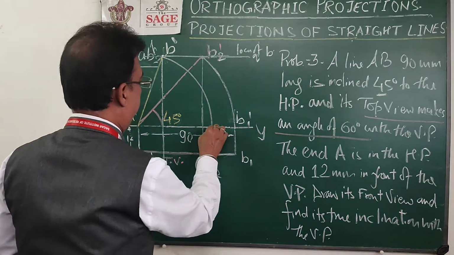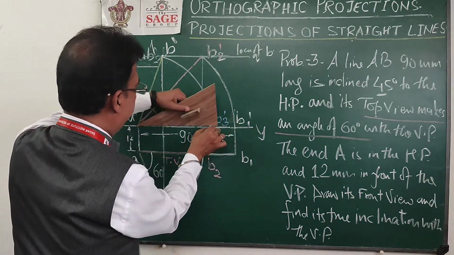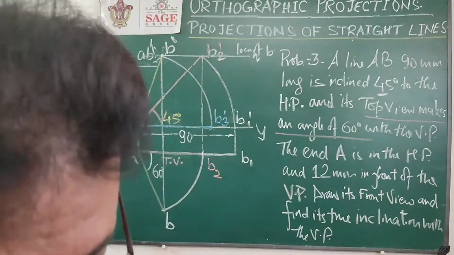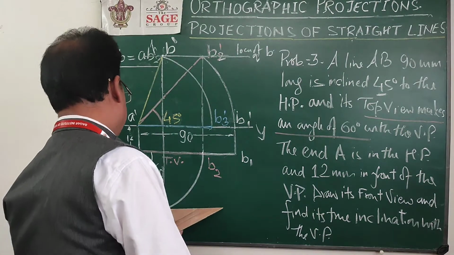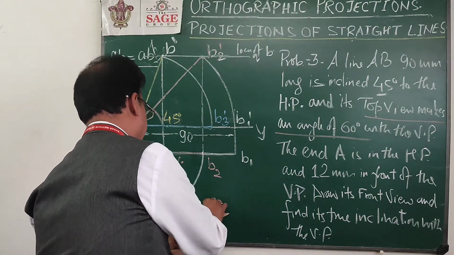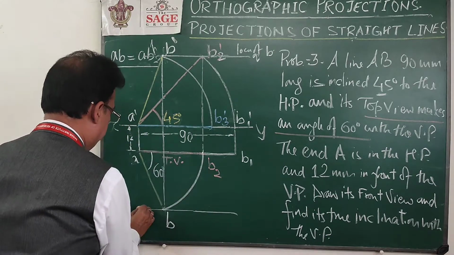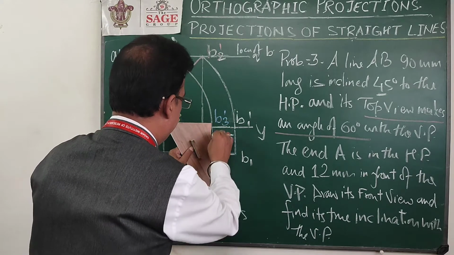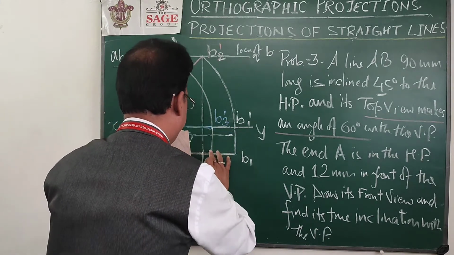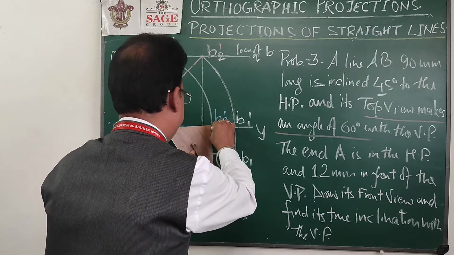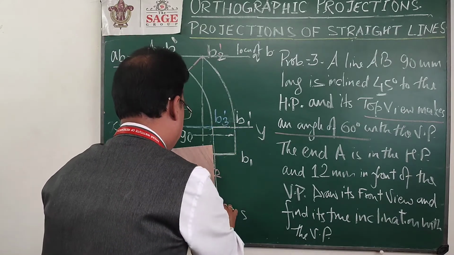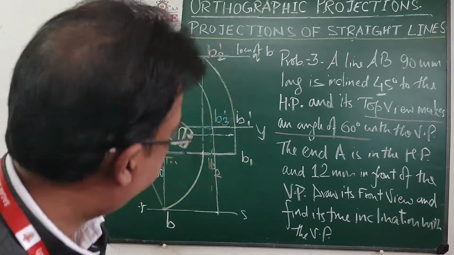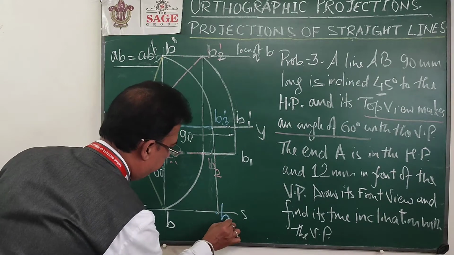Now when the line is on the HP, suppose this will be B3 dash, it will show its true length in the top view as well as the true inclination. Also from this B you can draw a locus line, that is the locus of B. On this we will get B3. So draw a perpendicular from this, and where it cuts this, that is the point B3.